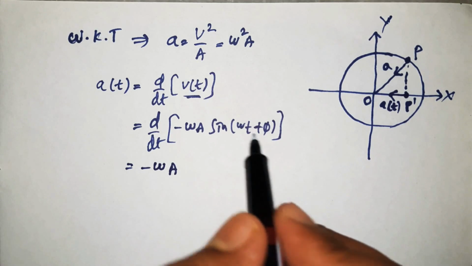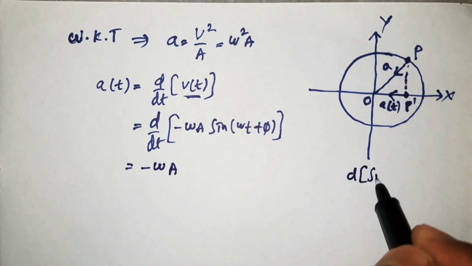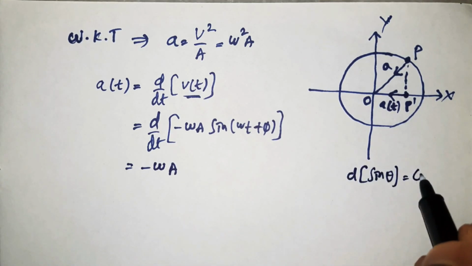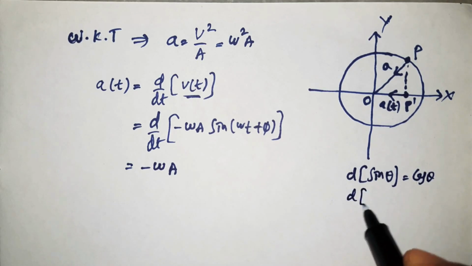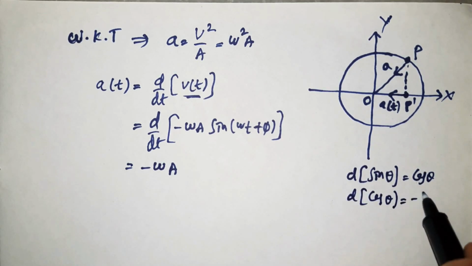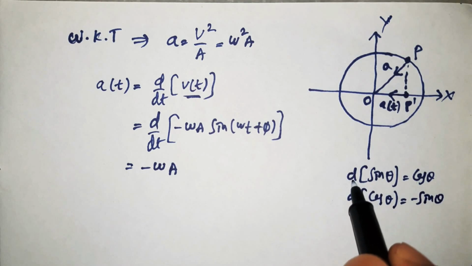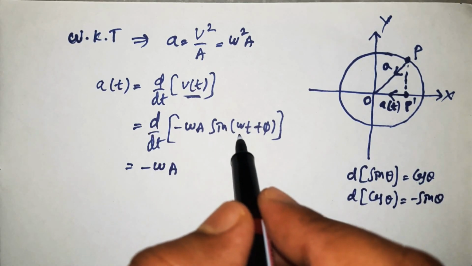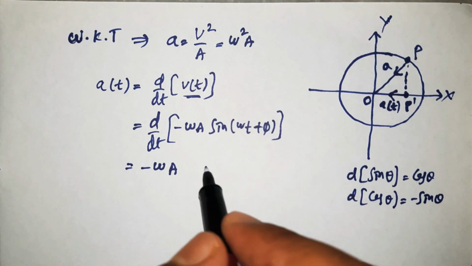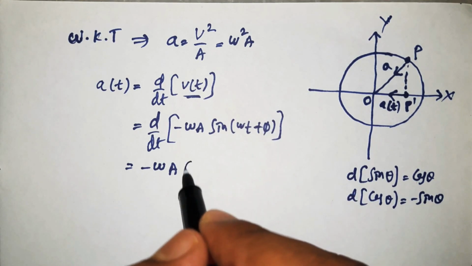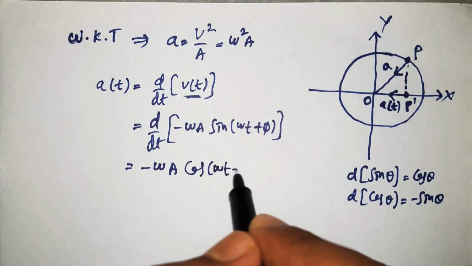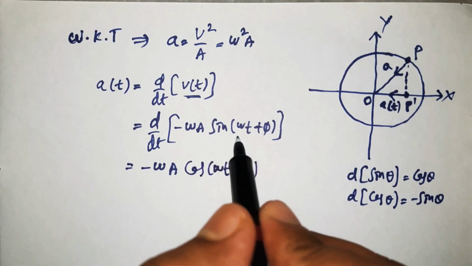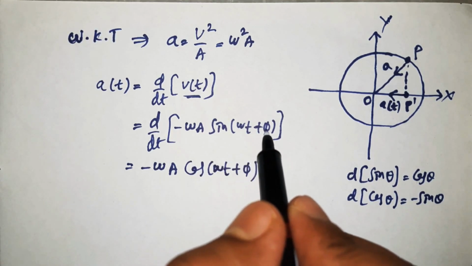Differentiation of sin θ is cos θ, so we get cos(ωt + π). Here we have another function, that is ωt + π.